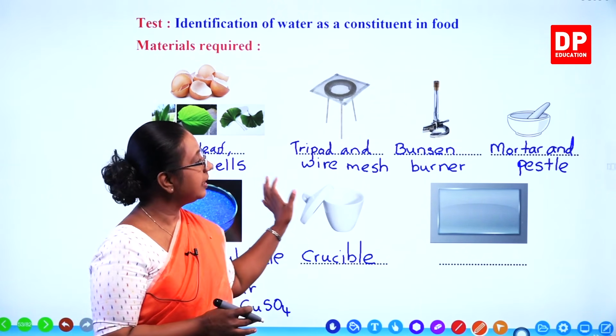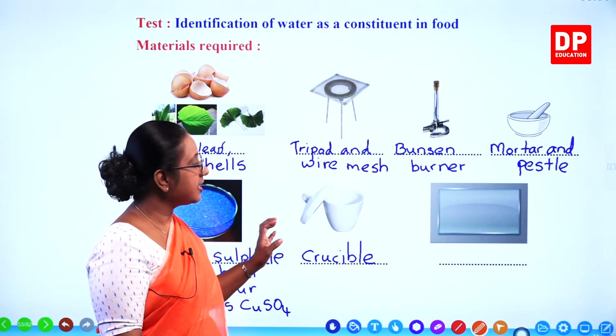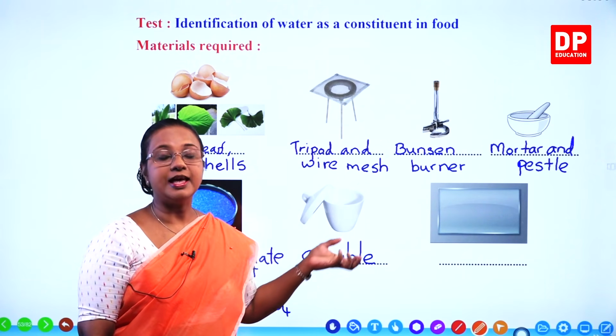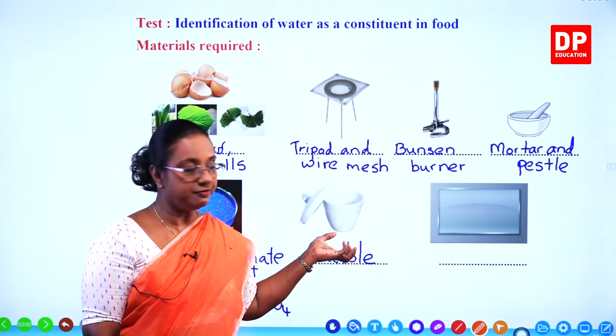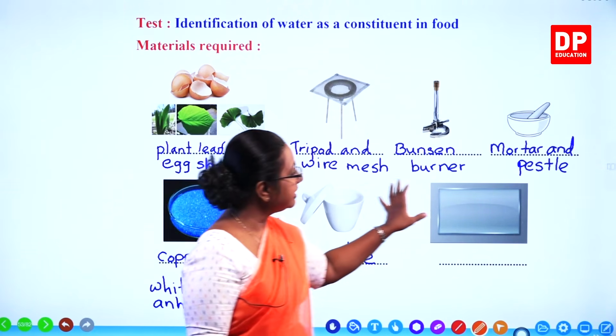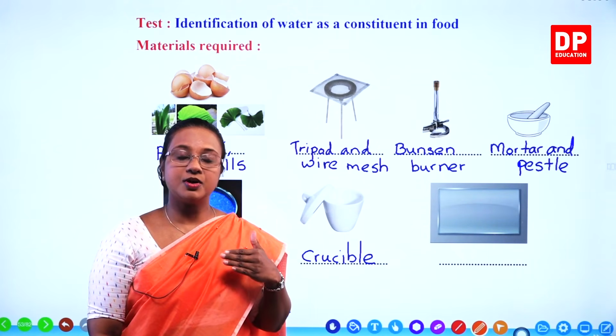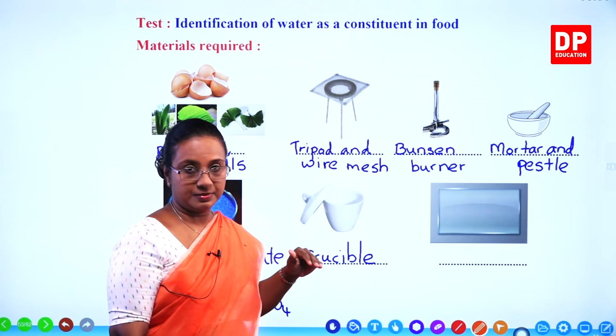We leave it to become hot for some time. And after some time, once you feel that this has become hot enough, what we do is we open this lid, and this is a piece of glass. We hold that piece of glass on top of the crucible.